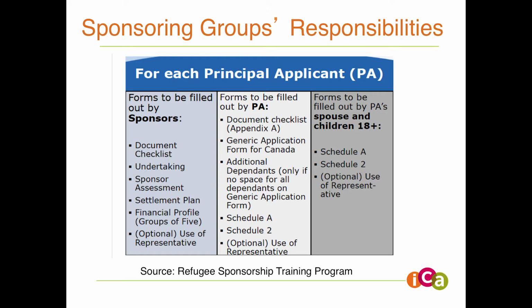So it reverses the burden of proof. Normally a refugee who goes before a visa officer has to make the case that they are a refugee and why they are a refugee, right? So burden of proof is on the applicant. With Syrians right now, burden of proof is essentially on the visa officer. So if a Syrian appears before a visa officer, the visa officer would have to prove why they're not a refugee, right? But that's only in place right now for Syrians, nobody else.